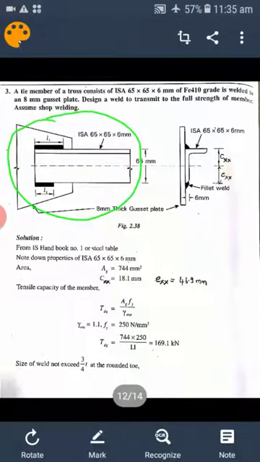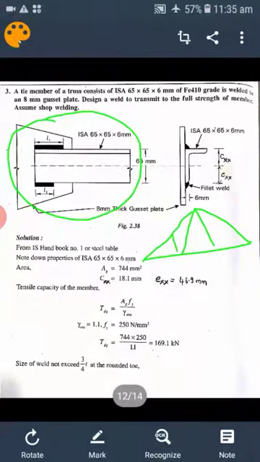This is a truss member. As you know, the truss will be like this. This is the truss, and it consists of various members like this. So in this case, one typical joint is given, a single member joint. Let us assume this is the one joint having a gusset plate.